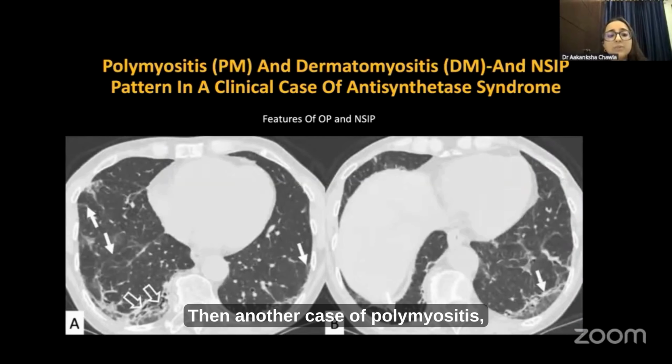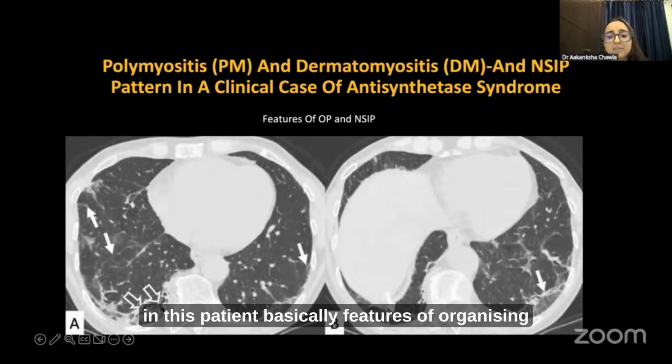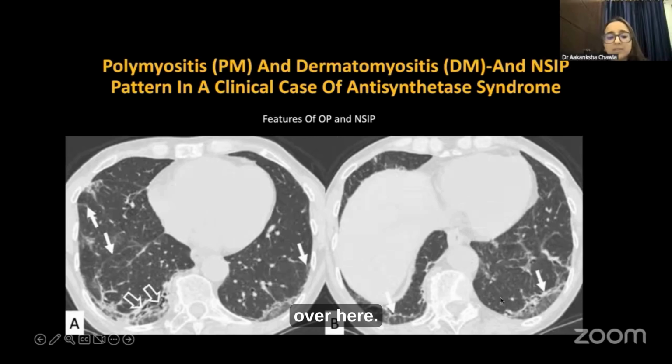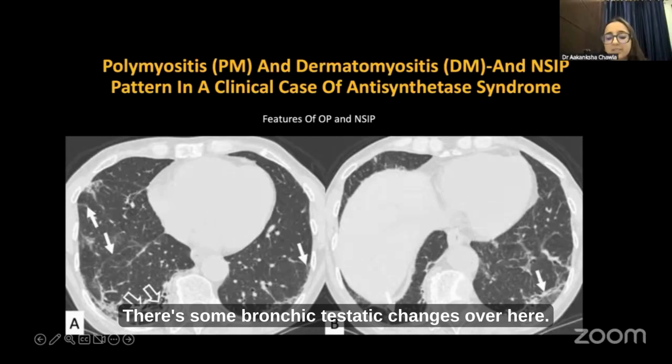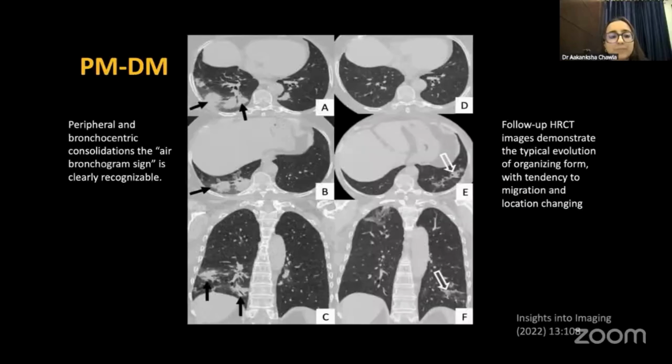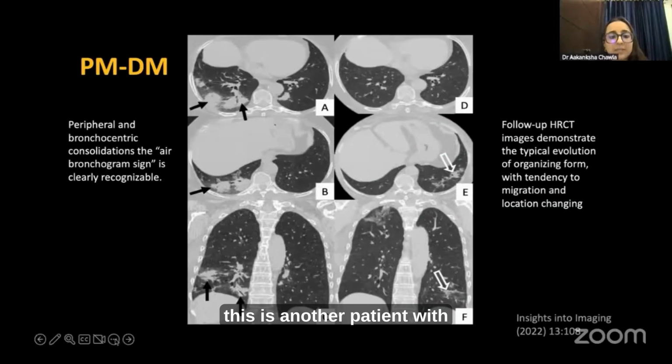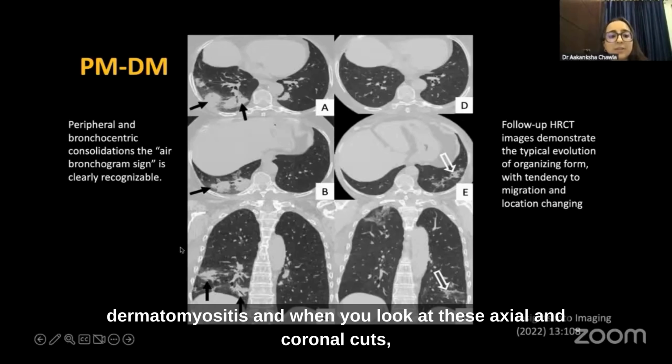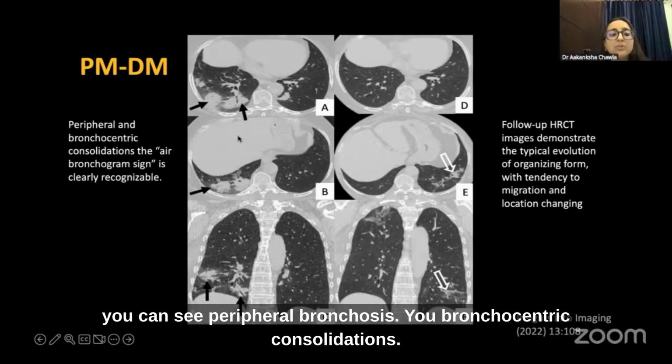Then another case of polymyositis, dermatomyositis, and an NSIP pattern in this patient. Basically, features of organizing pneumonia and NSIP. There's some organizing pneumonia over here. There's some bronchiectatic changes over here. Then this is another patient with polymyositis, dermatomyositis, and when you look at these axial and coronal cuts, you can see peripheral and bronchocentric consolidations.